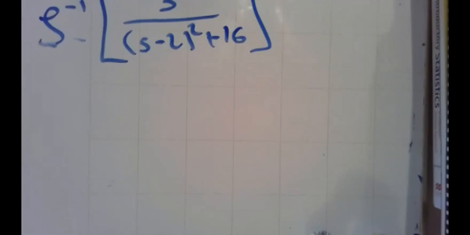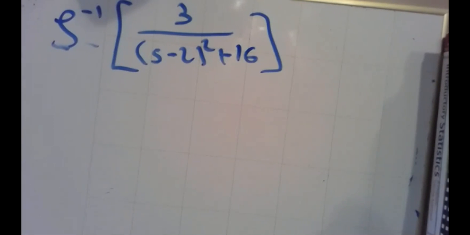Okay, now let's make it a little more challenging. What if we want the inverse Laplace transform of 3 over s minus 2 squared plus 16? Okay, so that matches something in our chart pretty well.